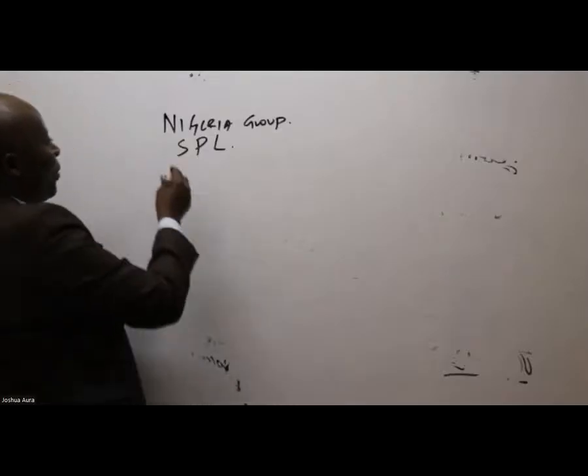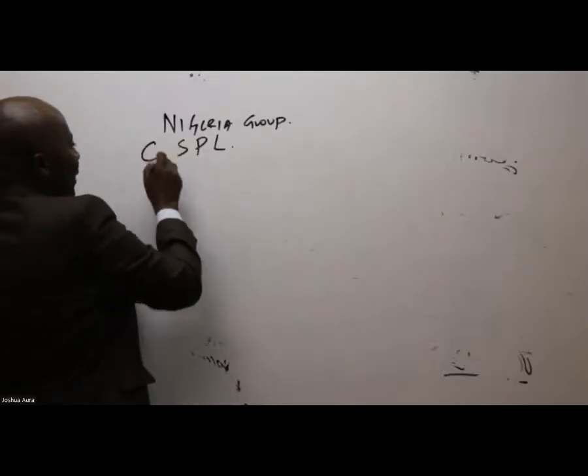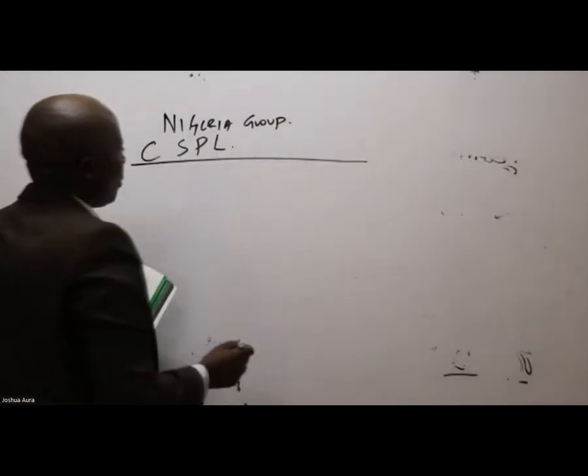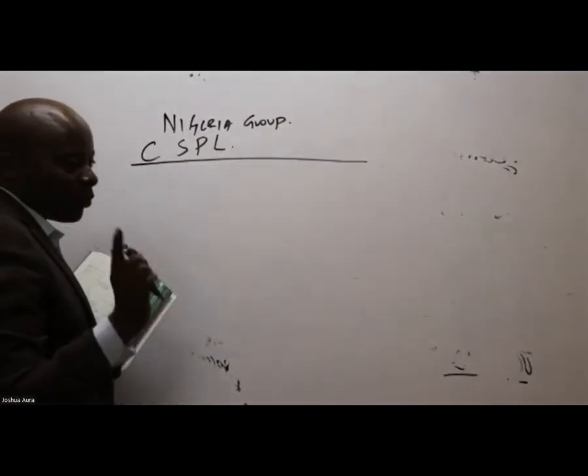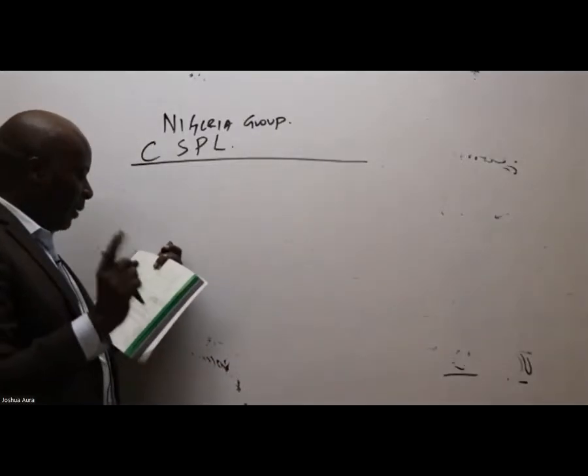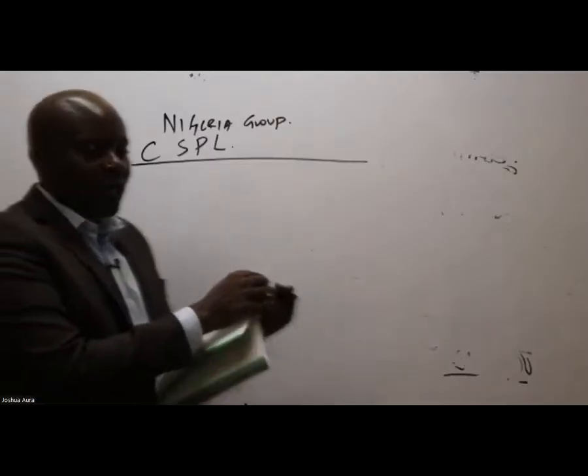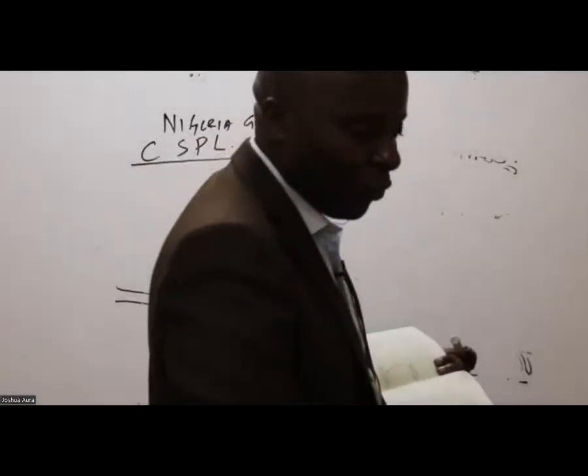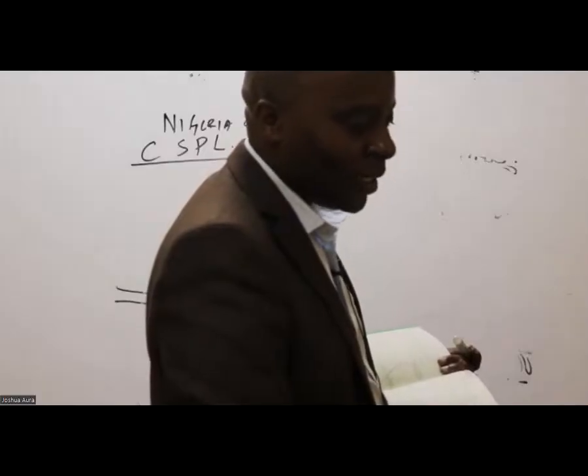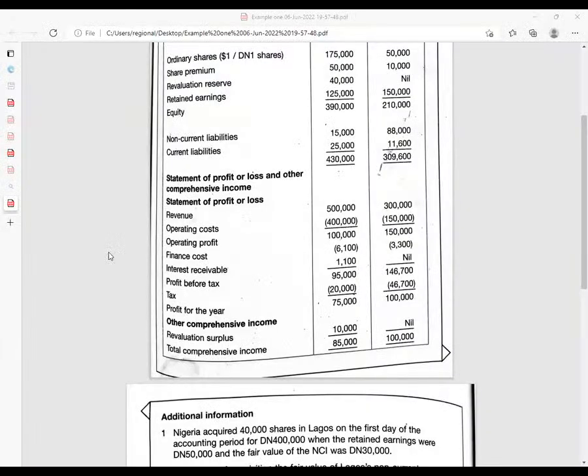So we start right how we are consolidating. Remember, this is the consolidated statement of profit or loss at the end of the year, and we stayed with this thing for a whole year, so you're not going to do any time apportionment. You start with the pro forma as usual. Always start with the pro forma. That structure itself will really end up giving you a lot of marks without knowing what you're doing.